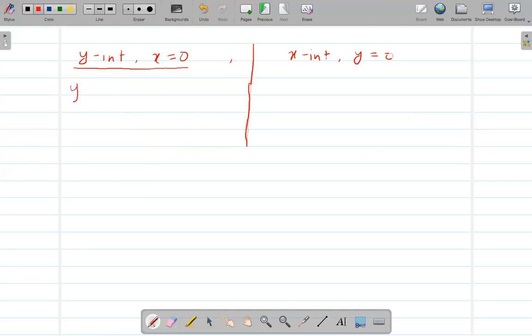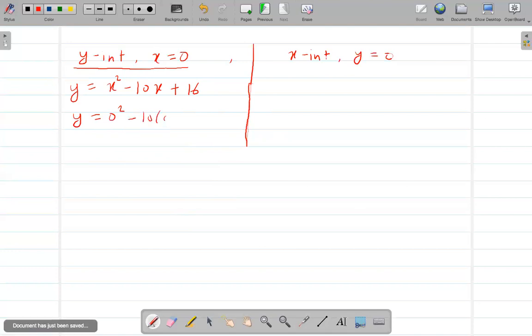Let's write y equals x squared minus 10x plus 16, right? So now to find the y-intercept, we're going to consider x as 0. So y is equal to 0 squared minus 10 times 0 plus 16. So that means y is 16. So if you need to change this to point form, the y-intercept point is 0, 16.